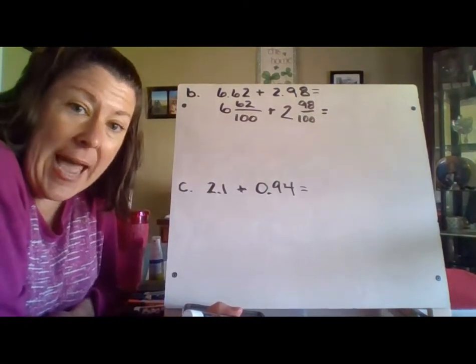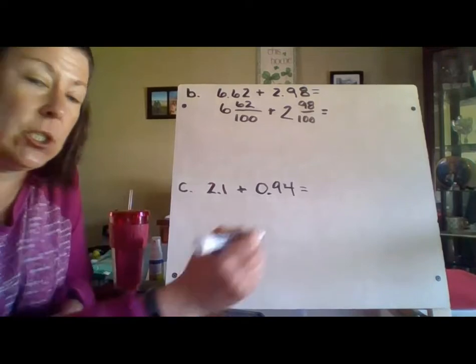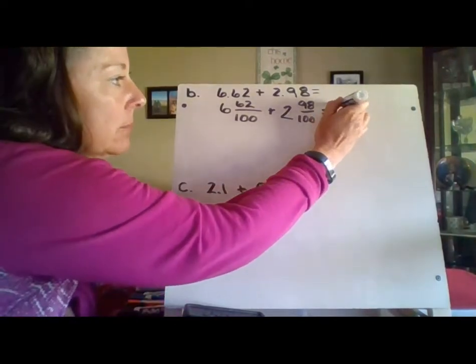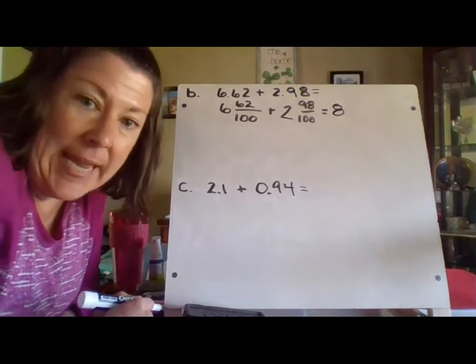So now I'm going to add my whole numbers, 6 and 2, which gives me 8.